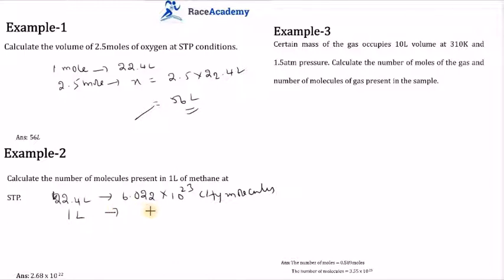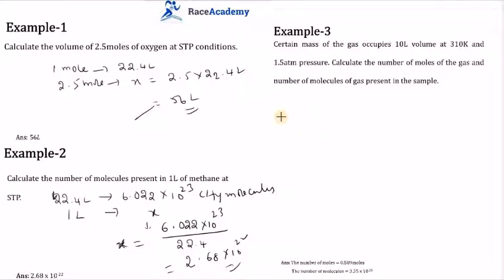We don't know how many molecules are there, so find x. X is equal to 6.022 into 10 to the power of 23 divided by 22.4. After simplification, you will get the answer, that is 2.68 into 10 to the power of 22.